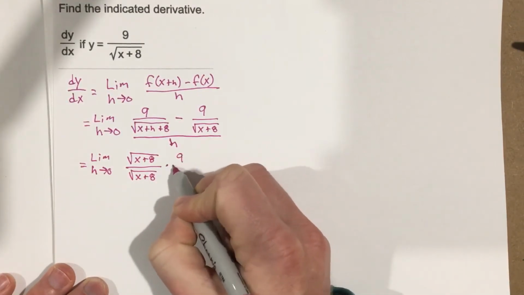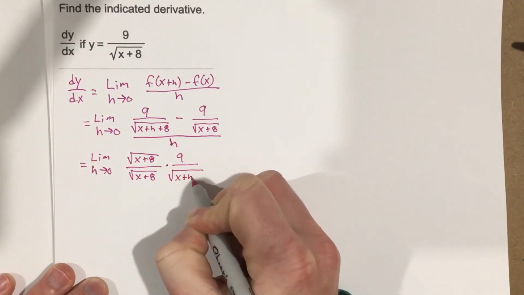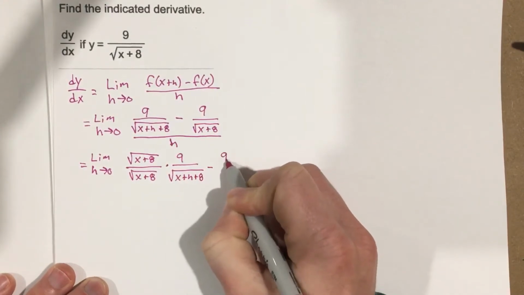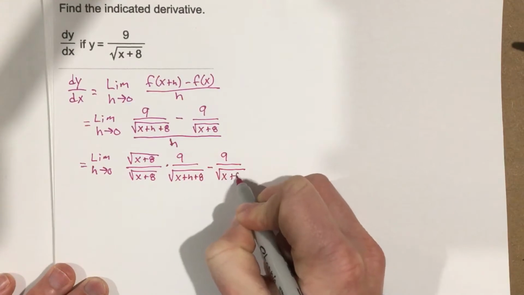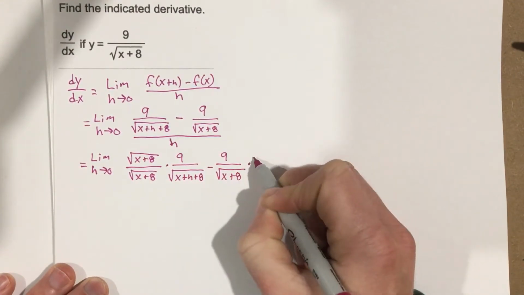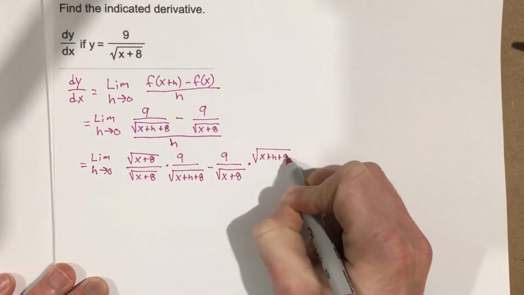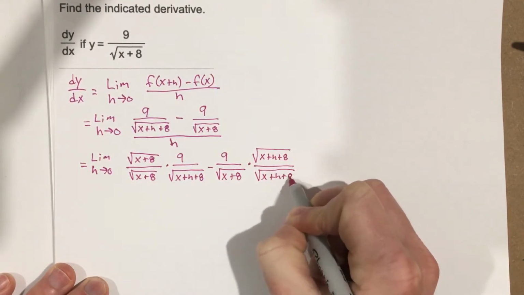So we get 9 over root x plus h plus 8 times that fraction, minus 9 over root x plus 8. And we're going to multiply this one by root x plus h plus 8 over root x plus h plus 8.